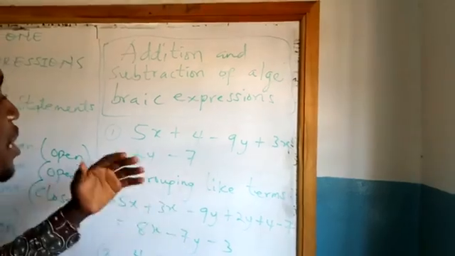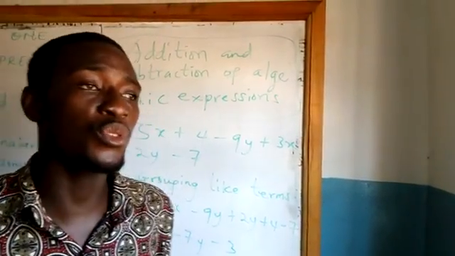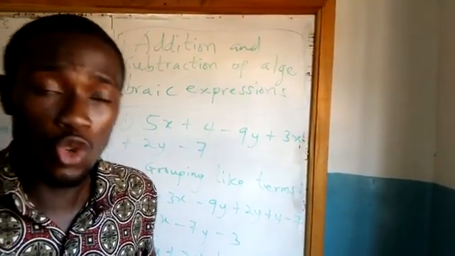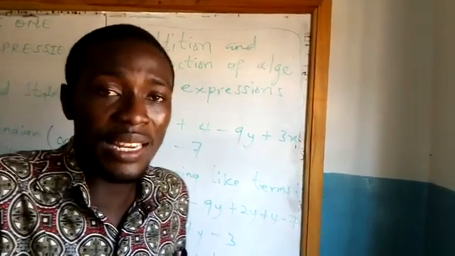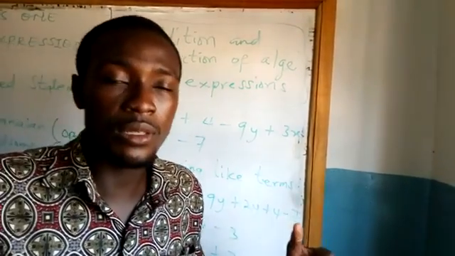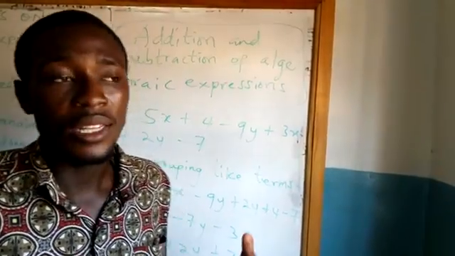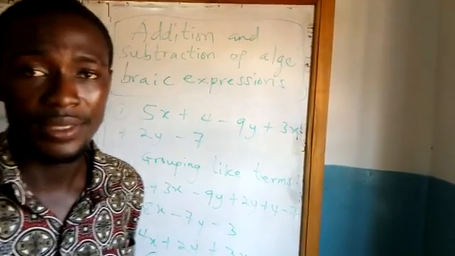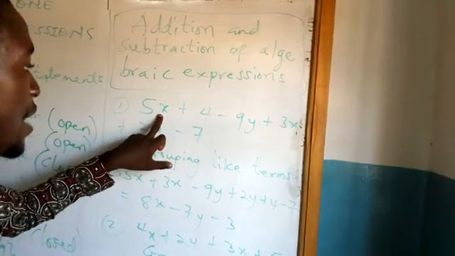So to add algebraic expressions easily, the first thing you have to do is to group the like terms, the ones that share similar features, or the ones that share a common variable or letter. Looking at this, we have 5x here.